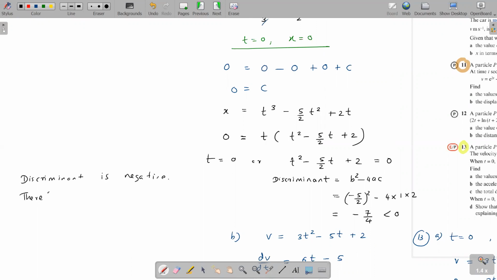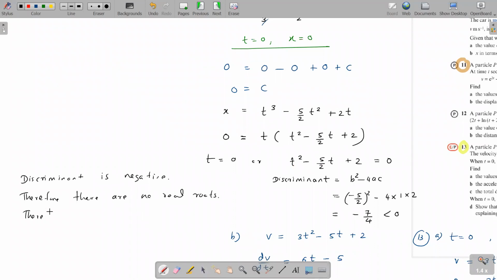Therefore, there are no real roots. Therefore, the final conclusion means there are no t values that can make x 0. That means the particle will never return to the origin for any positive t values.